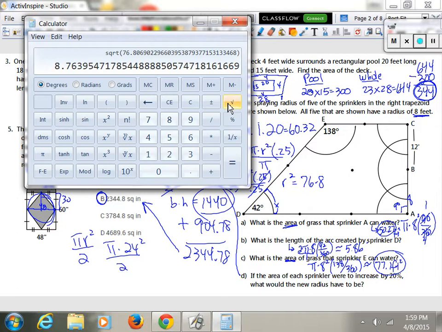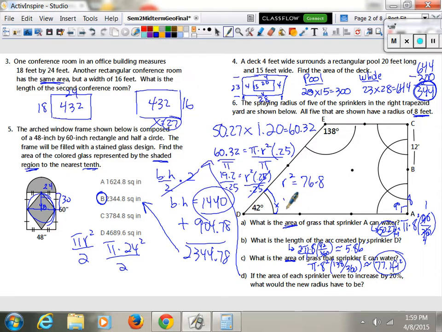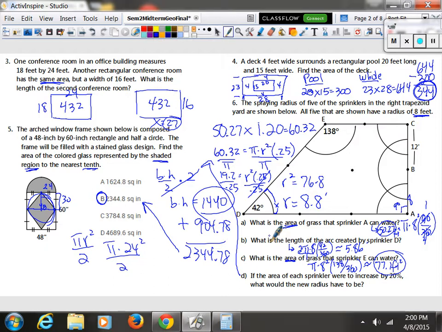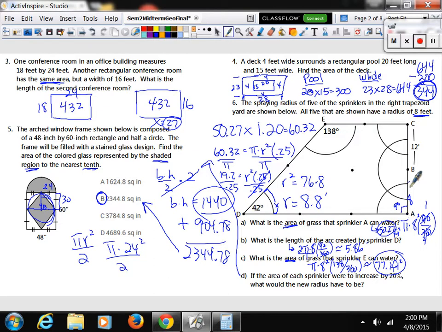Square root of that is about 8.8. So my new radius went from 8 feet to now 8.8 feet. So by adding 20% to our area, we would need to add 0.8 feet. If you added 0.8 feet to the radius, that would make an area that would be 20% bigger.